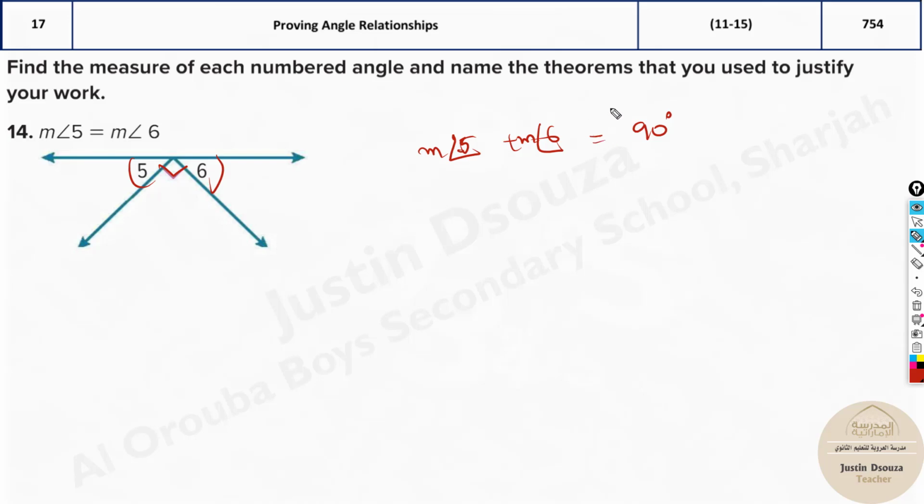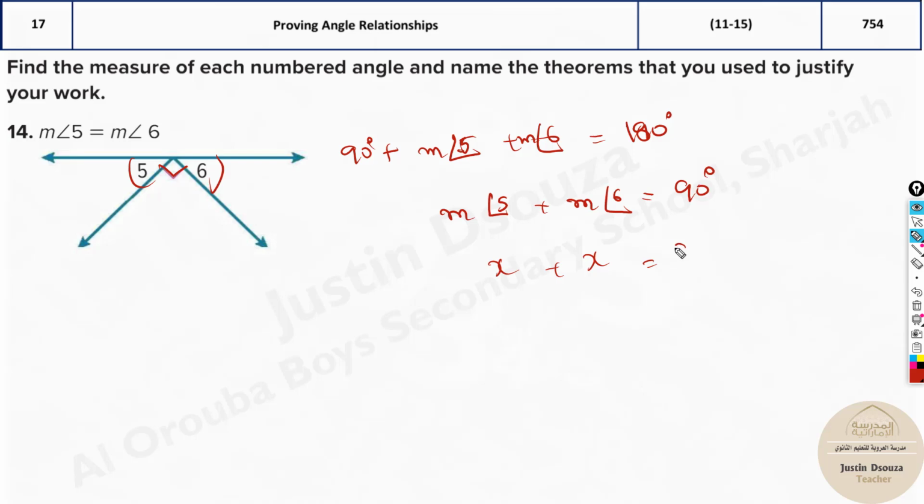Or you can do this: 90 degrees plus the measure of angle 5 plus the measure of angle 6 must be 180 degrees, isn't it? Now this 90 goes to the other side, and you will have the measure of angle 5 plus the measure of angle 6 as 90 degrees. So you can directly take it as 90, and since these both are equal, what happens? Imagine this is x and this is also x.